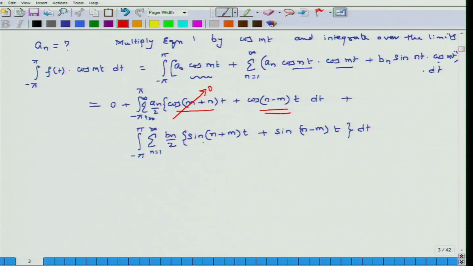Then let's look at this sine (n plus m)t. When I integrate it, I'll get negative of cosine, and in the denominator I'll get n plus m, and cosine is an even function, so its value will be the same whether t is pi or minus pi. So when I take the difference, this will be 0, and for the same reason this is also going to be 0.